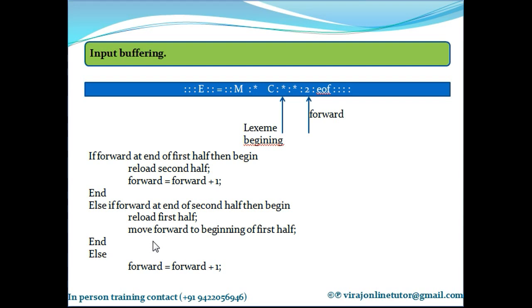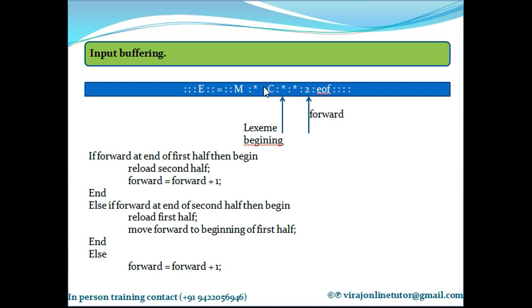There is a technique that is used called input buffering. On this screen I have one buffer which is divided into two halves. You can see a big space here separating my two buffers, with a line in between.